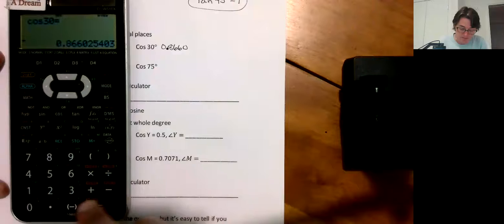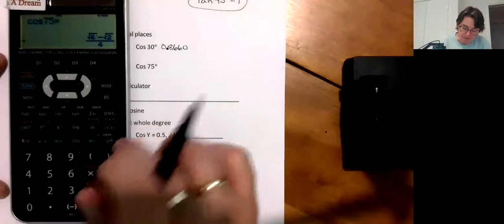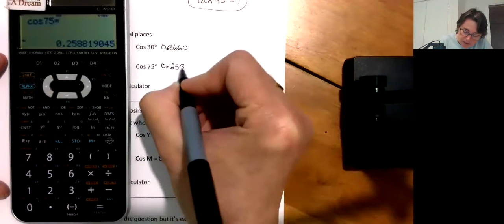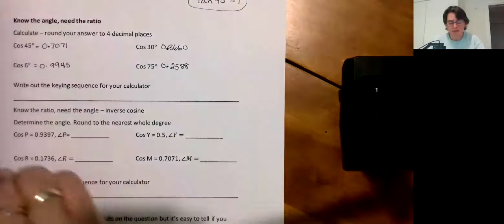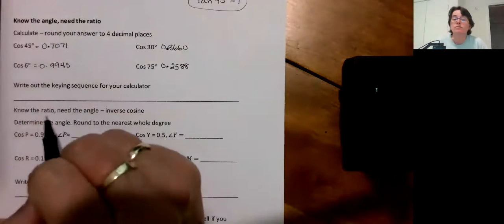And the last one here we'll do cos 75. 0.258. Okay, so that's really straightforward. If you have the angle, you just put cos and the angle, and it gives you the ratio.